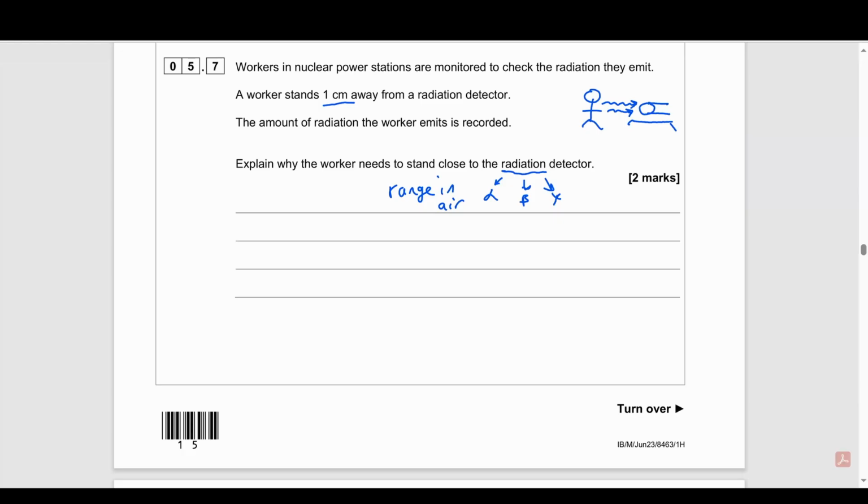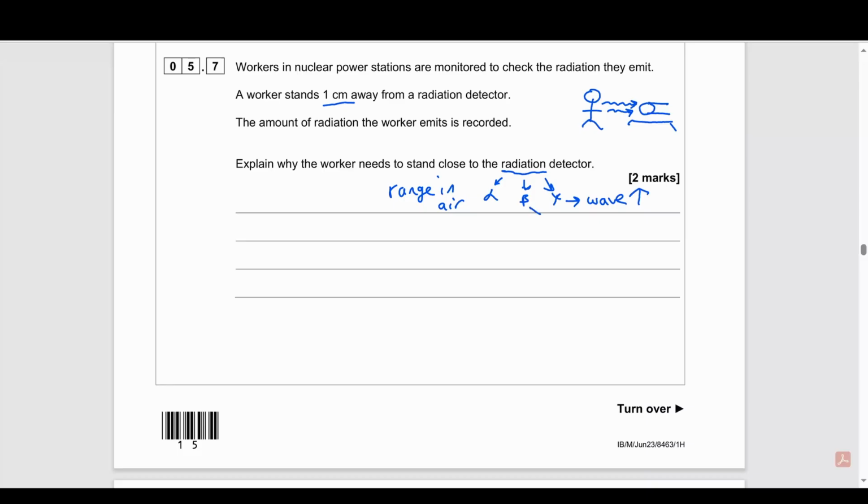We're not interested in their penetrating power. We're interested in their range in air. How far do they travel? Now remember that gamma is just a wave. It's an electromagnetic wave. So it's going to have a very, very high range in air.